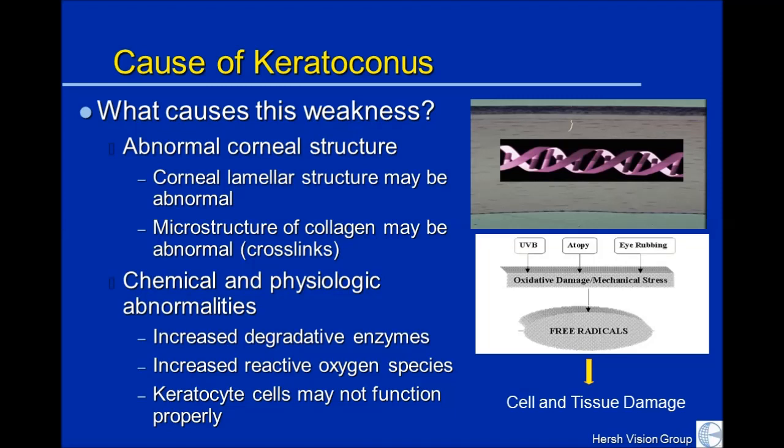There may be increased inflammation in the cornea that causes the formation of molecules called reactive oxygen species that work along with these degradative enzymes to cause both cellular and tissue damage. And also the keratocyte cells may just not be working properly. So whatever the cause, these various physiologic abnormalities can come together to make the cornea weak and structurally insecure.